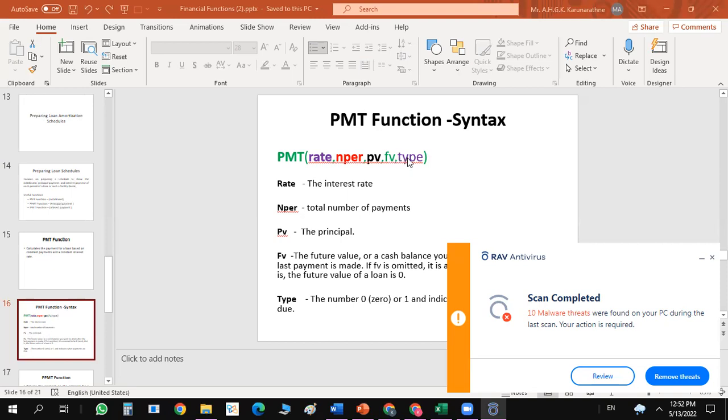Then type means whether your loan repayment is made at the beginning or at the end. That means whether your loan repayment is an ordinary cash flow or a due cash flow. At the beginning, I explained there are different types of cash flows: ordinary annuity and annuity due.